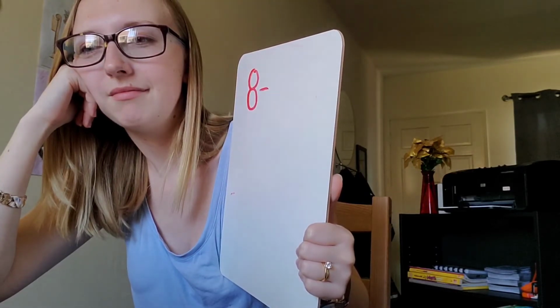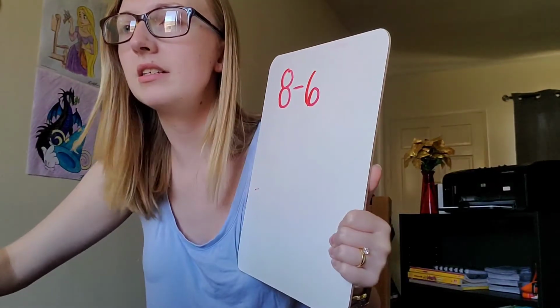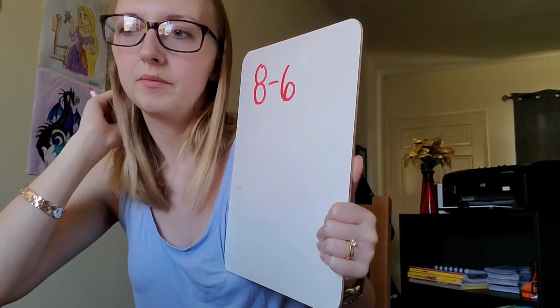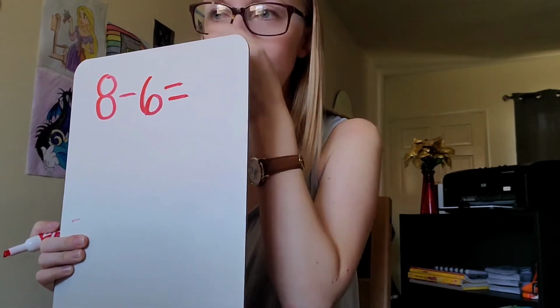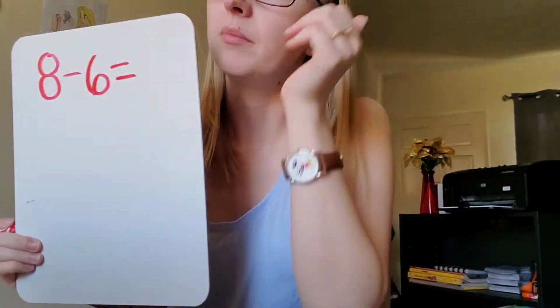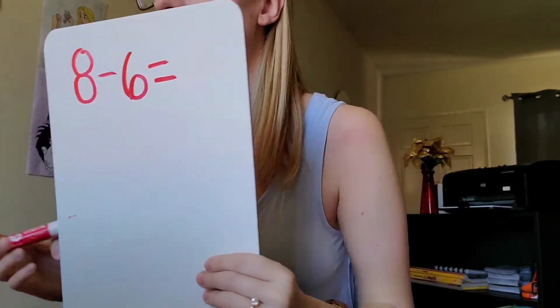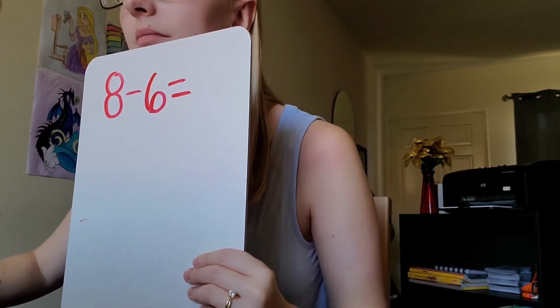You can pick 6, that's smaller. Let's do 8 minus 6. You can either draw the picture if you want, or you can use your fingers if you need to. Put your paper up against the screen, and I'll pick someone to share. 8 take away 6 is how many?